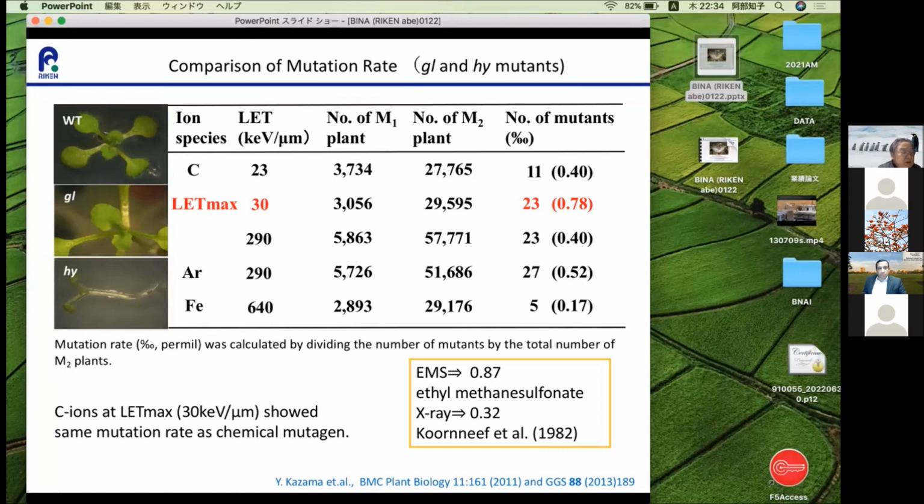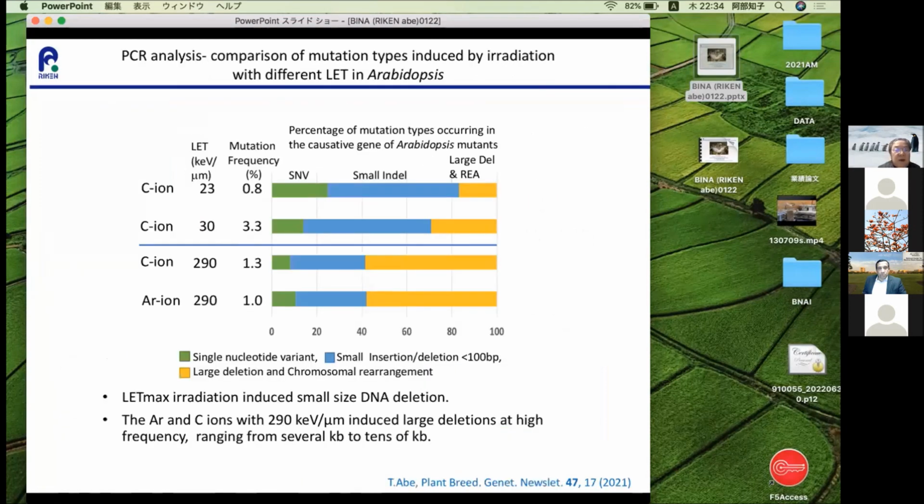It is the same mutation effect as observed in albino mutation. And EMS is known for a high mutation rate. LET max shows the same mutation rate as EMS.